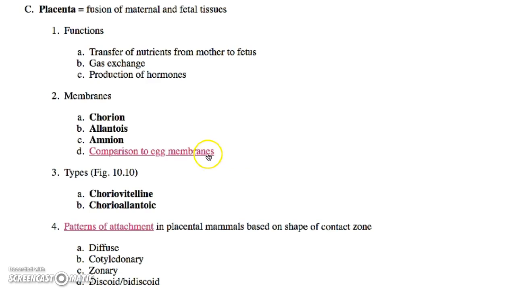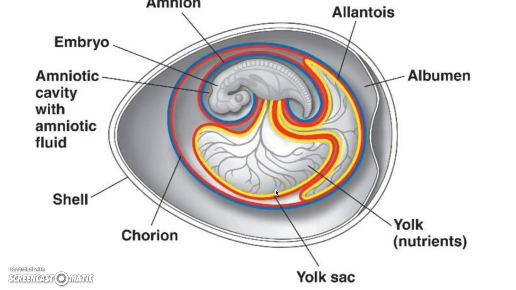So if you look at an egg, this is actually a chicken egg, but for a reptile egg or a monotreme egg, it would look very, very similar. So here's the developing embryo right here, and all the different membranes are color-coded around the embryo. So here's the eggshell on the very outside, and there is a membrane that surrounds the whole structure here.